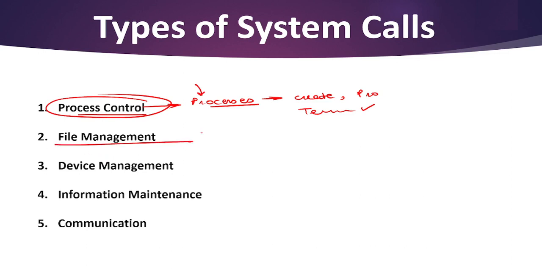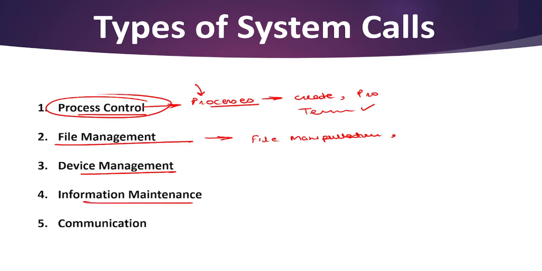Another is file management. These system calls are responsible for file manipulation, such as creating a file, reading a file, writing a file, etc. Next is device management. Whenever we talk about any hardware devices, all these devices are managed by this type of system call, and it is responsible for device manipulation also.